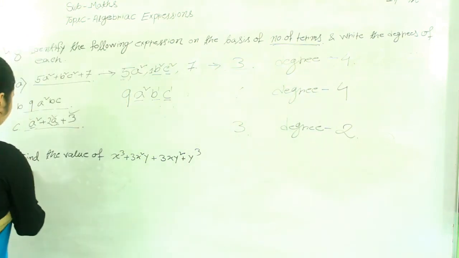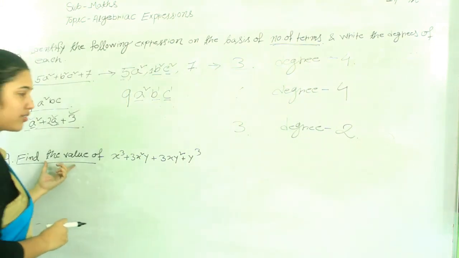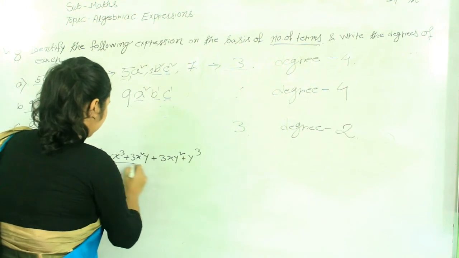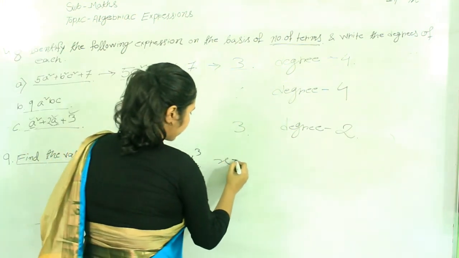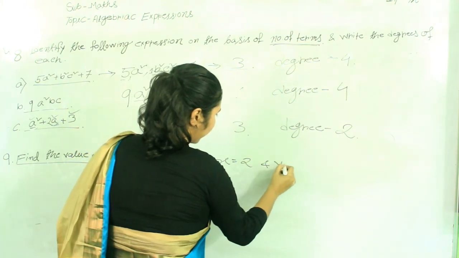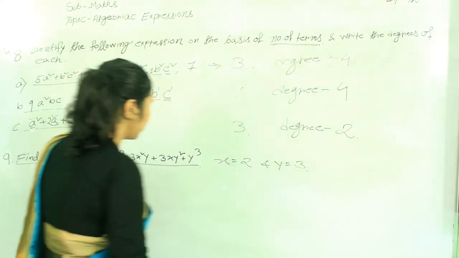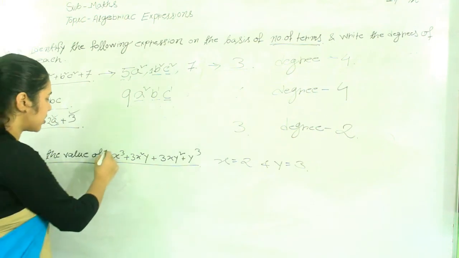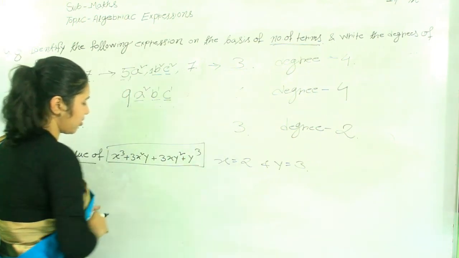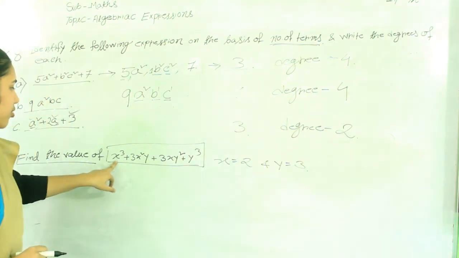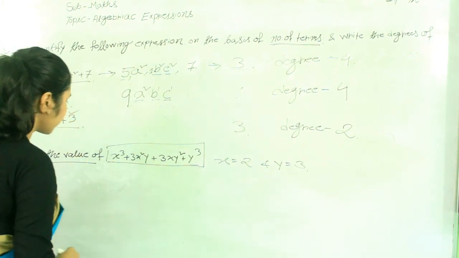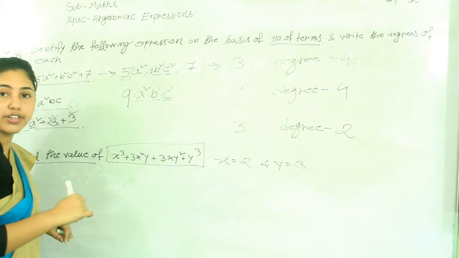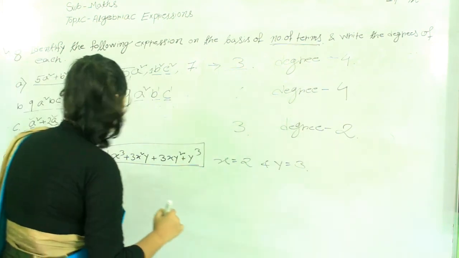Now the next question: find the value of this expression, where x is equal to 2 and y is equal to 3. If we put the values of x and y in this expression directly, the calculation will get difficult, right?